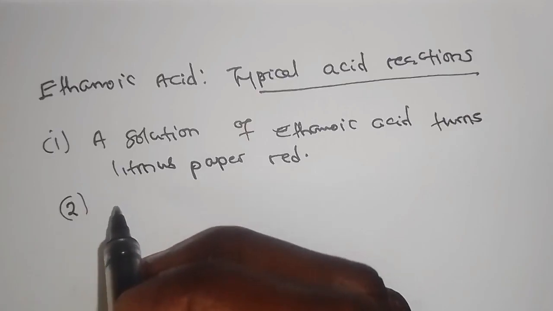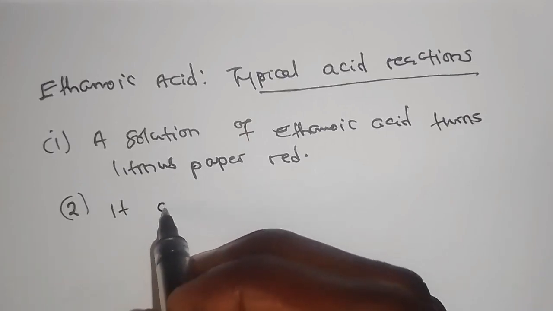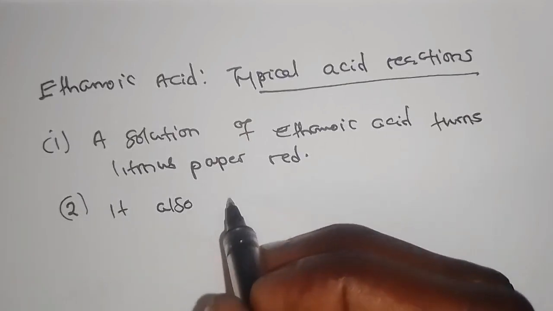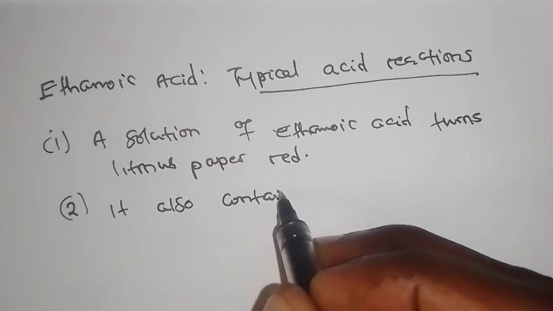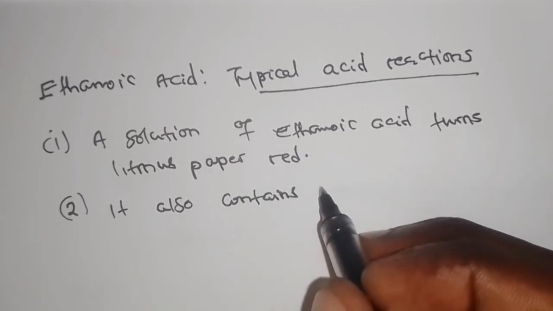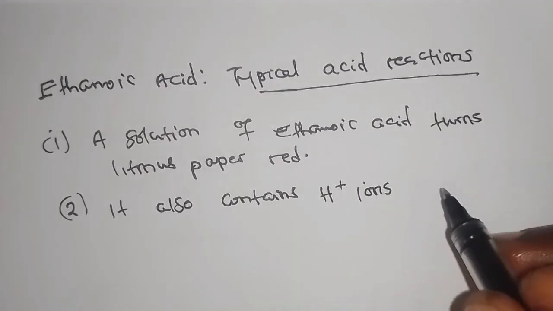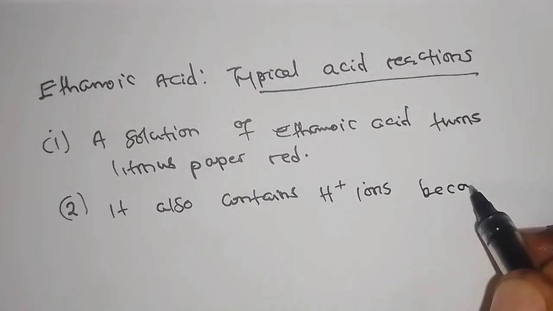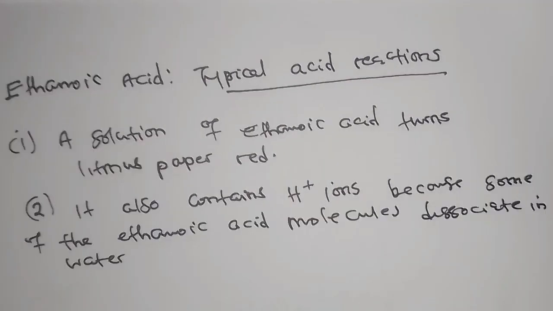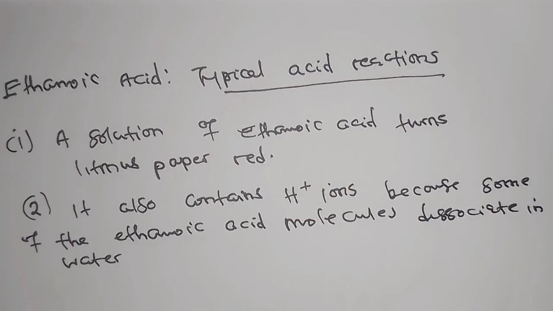It also contains hydrogen ions. So first of all, the solution of ethanoic acid turns litmus red.